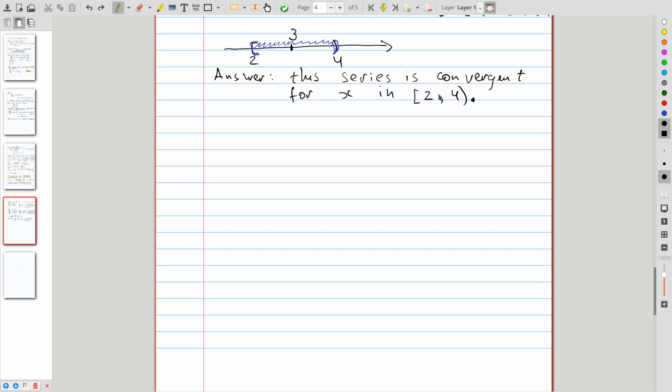So this conclusion means that because the power series is convergent only in this range, the function defined by this power series has this interval as its domain. So this here is the domain of the function given by the power series.